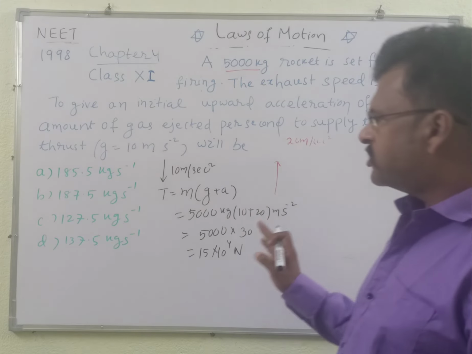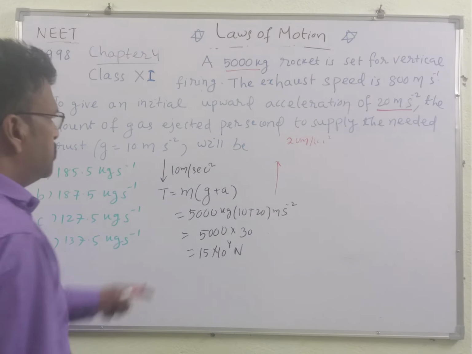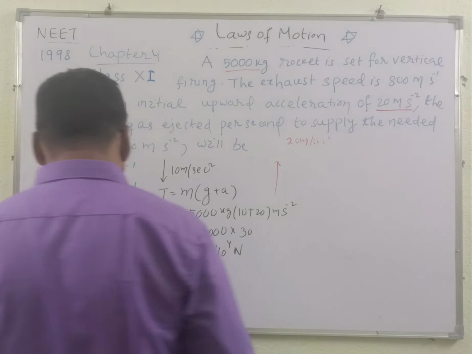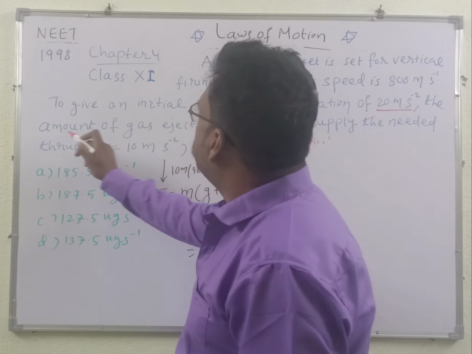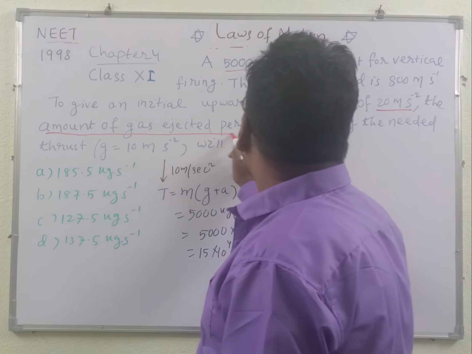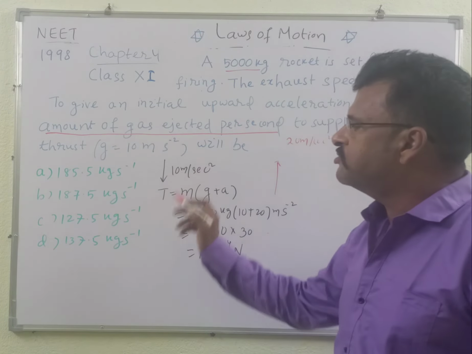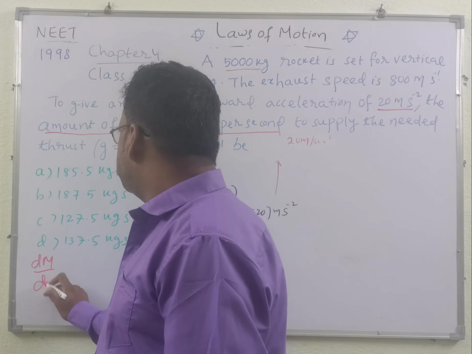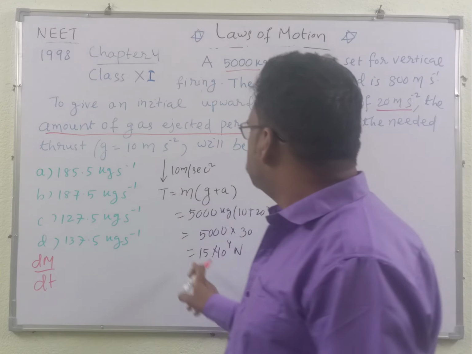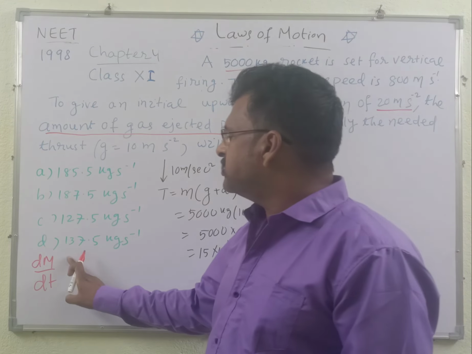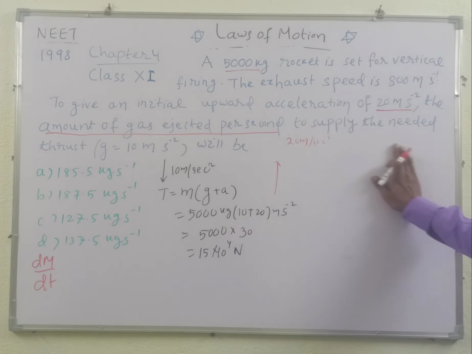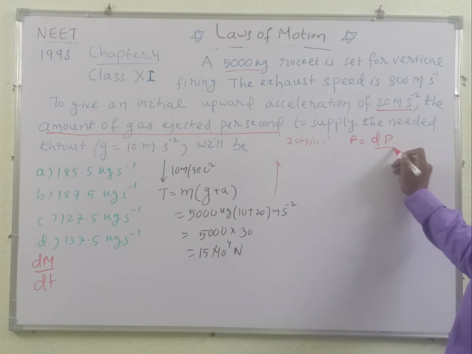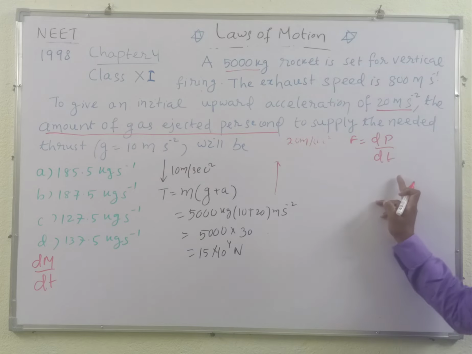So this thrust, the question is the amount of gas ejected per second. Okay, student, the amount of gas ejected per second. That means what is our, student? The question has asked what is dm by dt. We know the force here, and what is the relationship between the force and this dm by dt, student? We know force is equal to dp by dt, the time derivative of momentum.